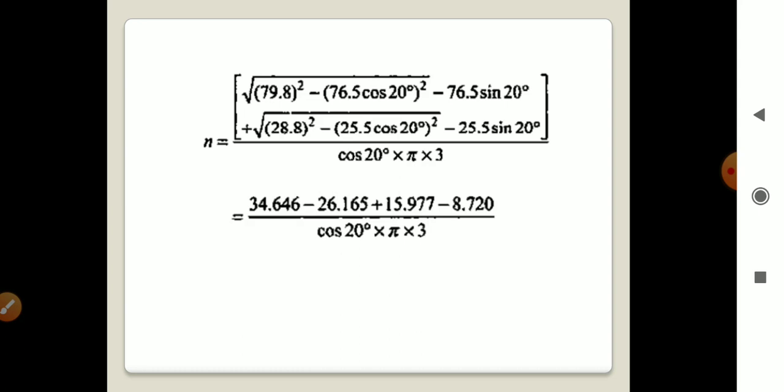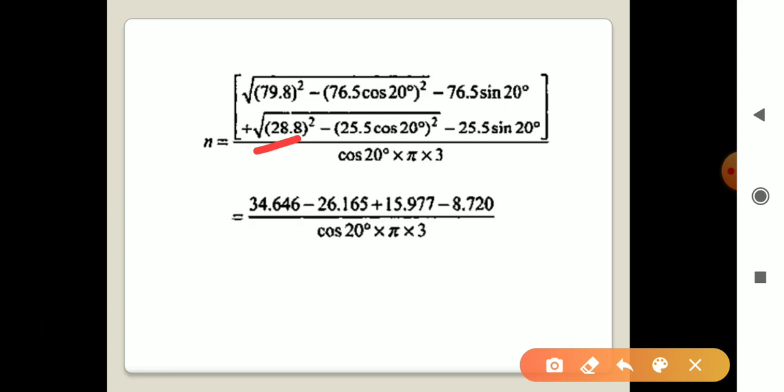By calculation we got the first term 34.646 minus 26.165 plus this term becomes 15.977, and 25.5 into sin of 20 becomes 8.720, and cos 20 into this term.